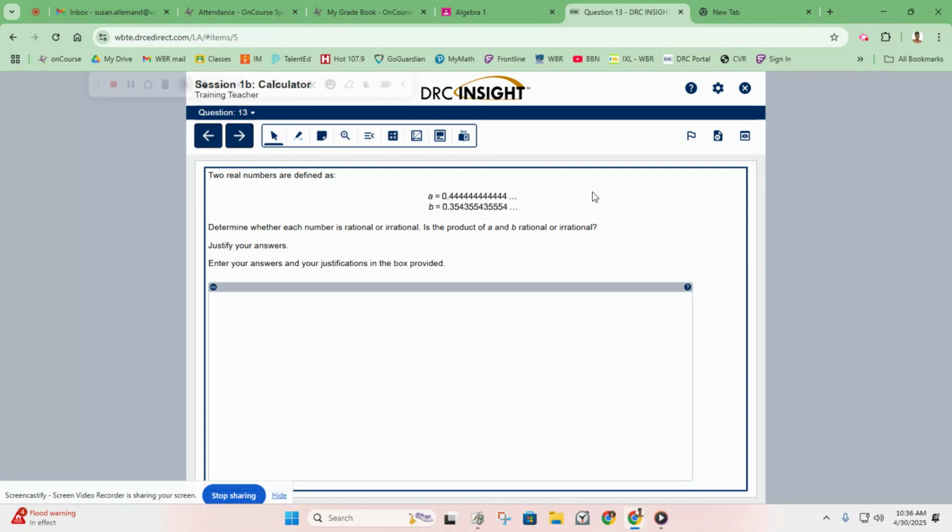This would be 0.4 with a line on top. That's what the repeating bar does. It says you're repeating that same thing. For B, it's 354, then 3554, then 35554. So that's not repeating the same thing over and over. Okay?